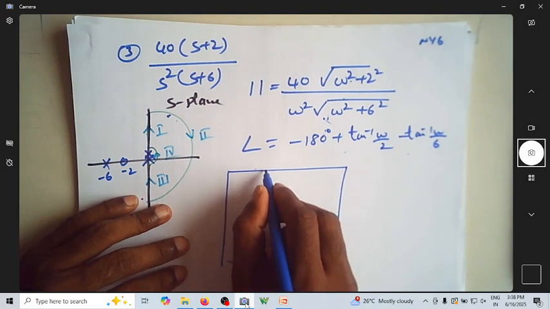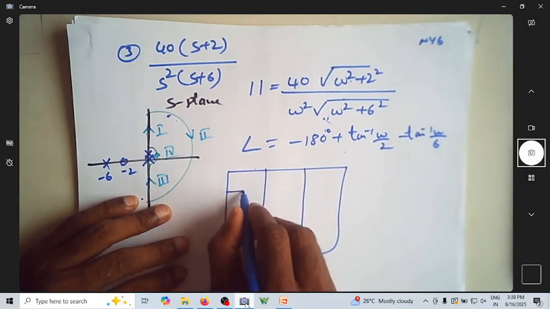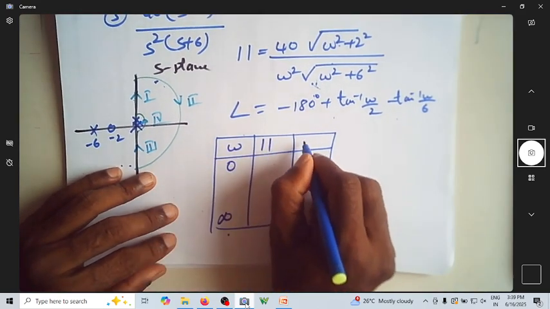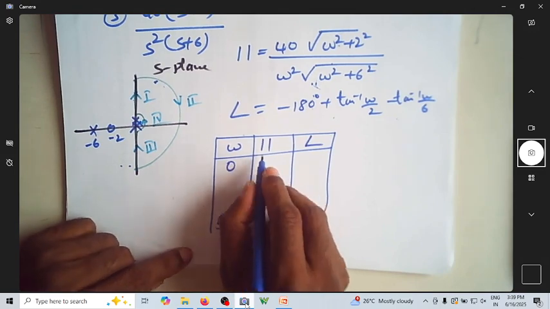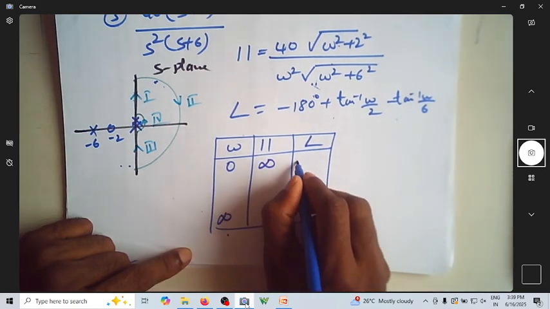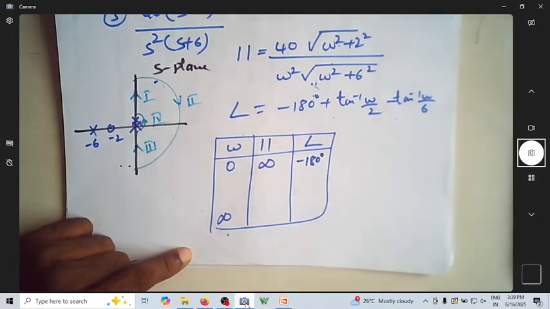Let's change the value of omega from 0 to infinity and find the magnitude and phase angle. At infinity, the phase angle is minus 180 degree.